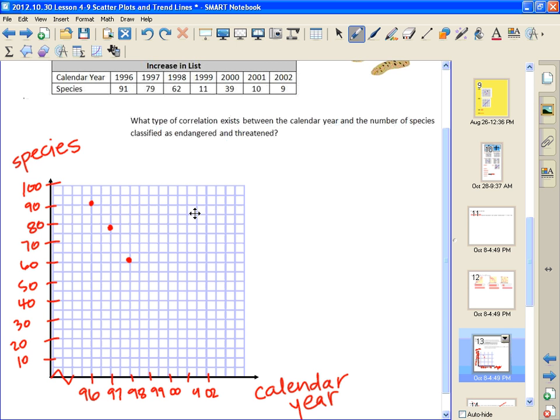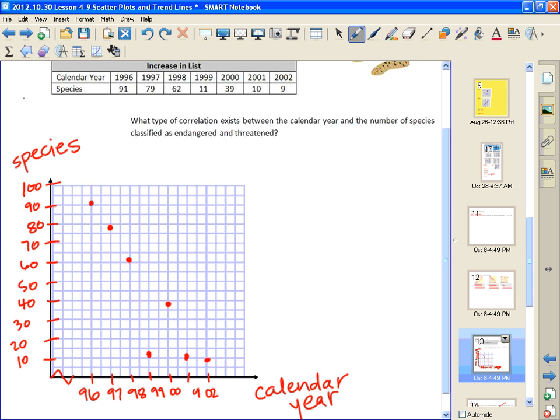In 99, there were 11 endangered species. 99 was a good year for endangered species. In 2000, there were 39. In 2001, there were 10. And in 2002, there were 9.